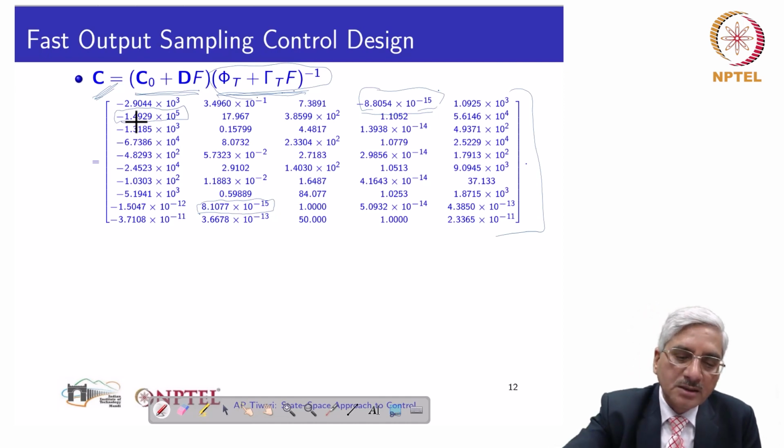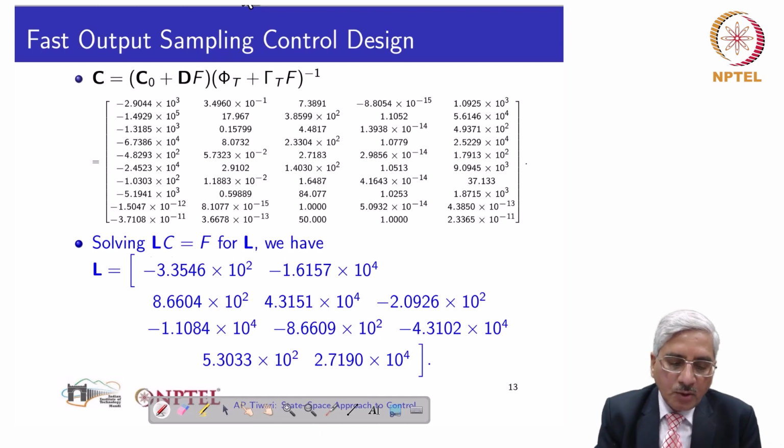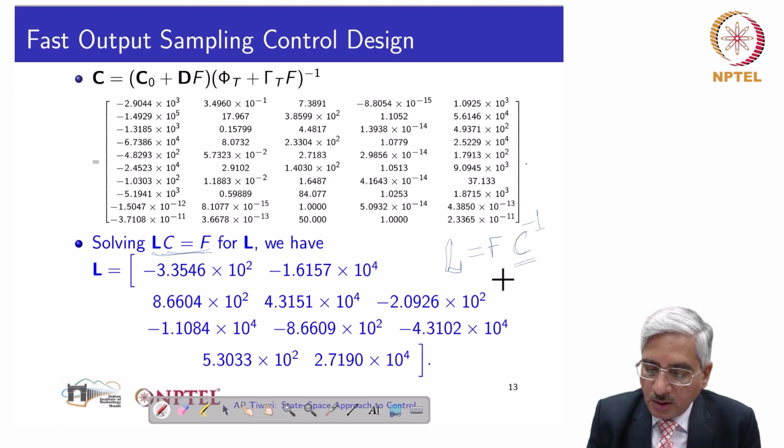Fortunately, in this case, we are able to obtain a pseudo inverse of the matrix C, and so when we solve L C equal to F, this boldface L is F times C inverse, and the inverse we took here is a pseudo inverse.